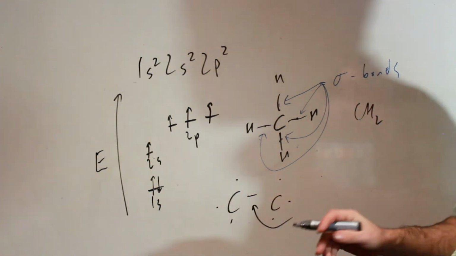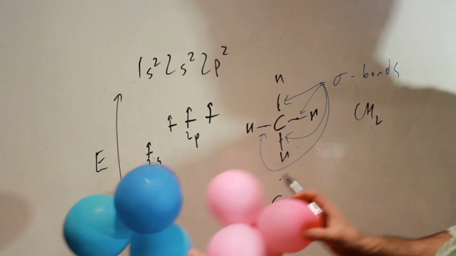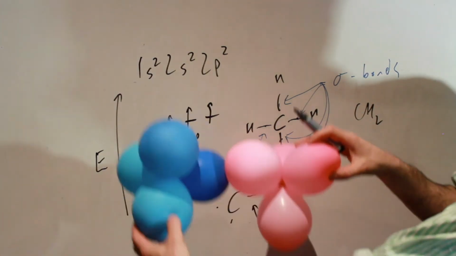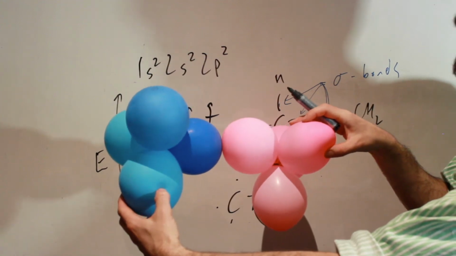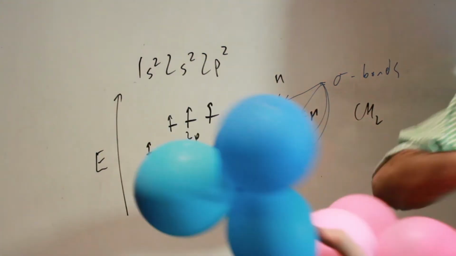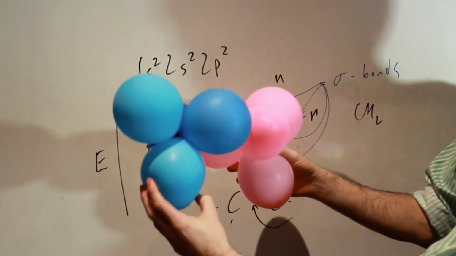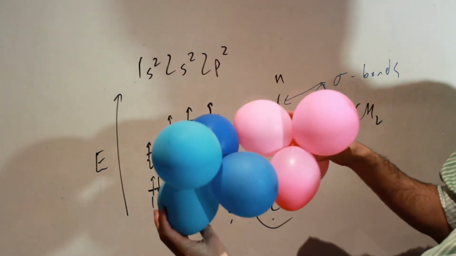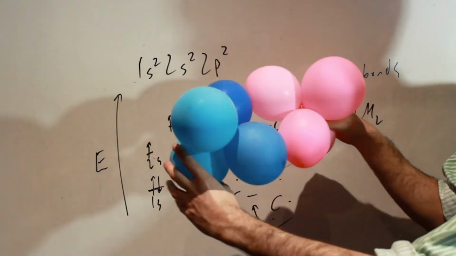So this is a sigma bond of one of the sp3 orbitals overlapping with one of the sp3 orbitals to form a covalent bond between these two. However, this can't form a double or triple bond because it's just too much energy for another of the orbitals to overlap like that. Everything's just too close together. All these electrons are no longer happy.